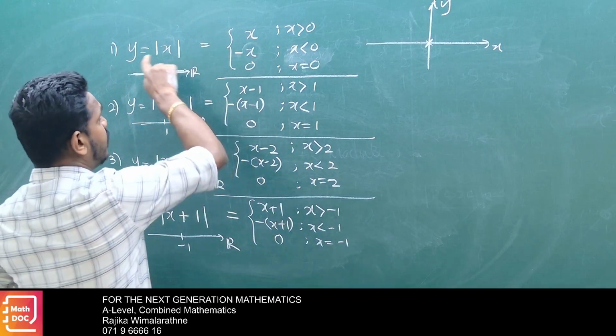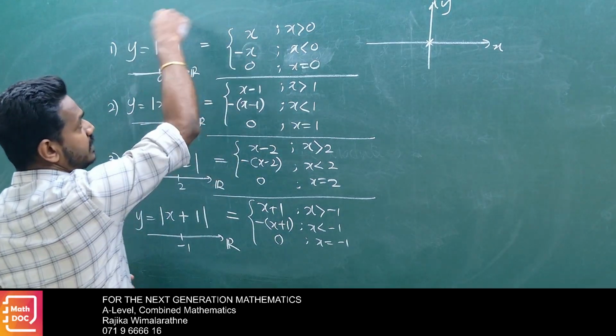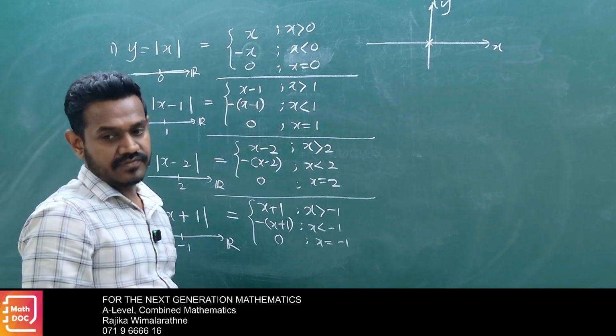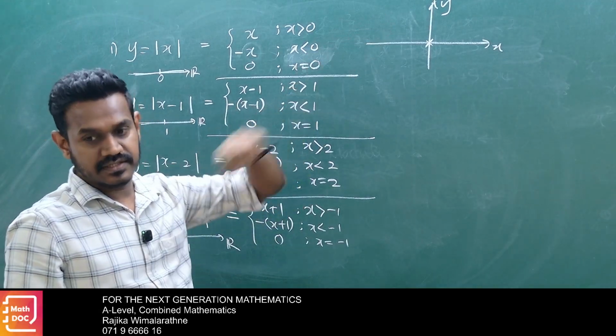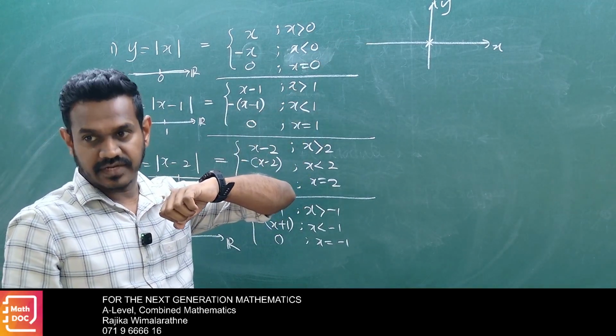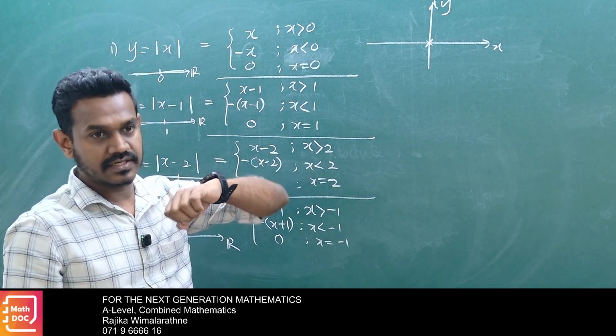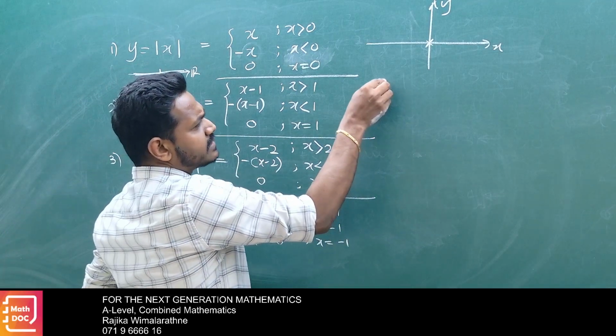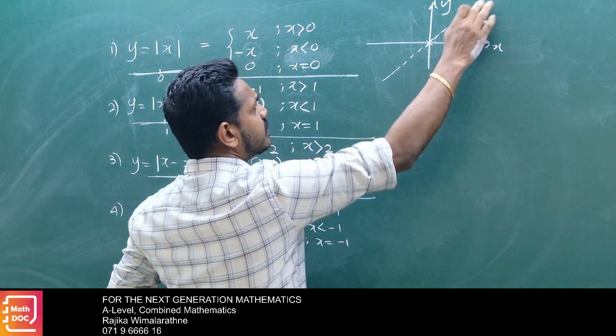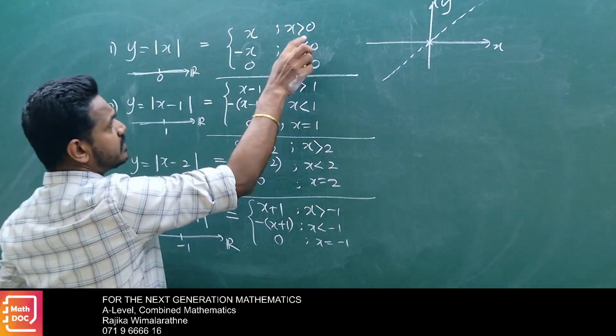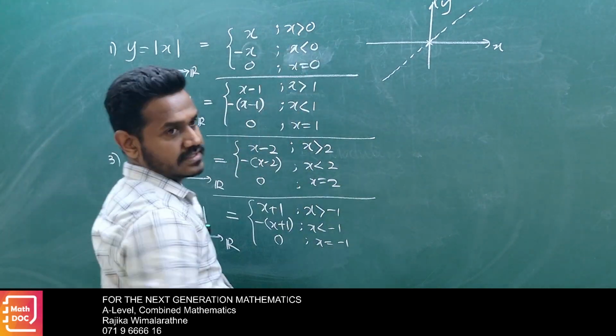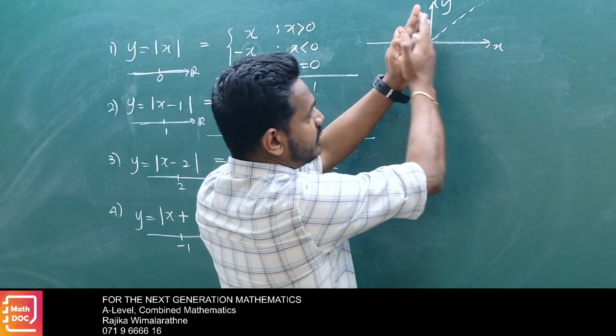Then you think here y equal x. The graph of y equal x has a 45-degree inclination, no? Y equal x means a 45-degree inclination line. Then that line is only possible in the x greater than 0 region, so x greater than 0 means the positive region.